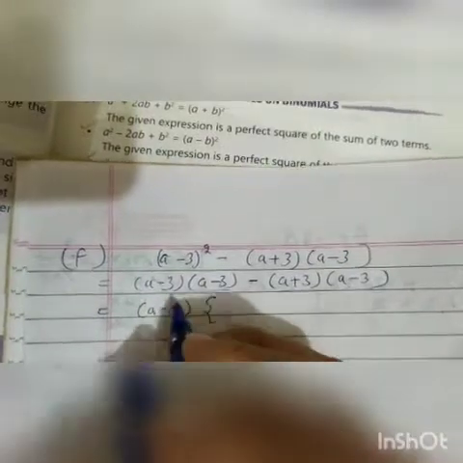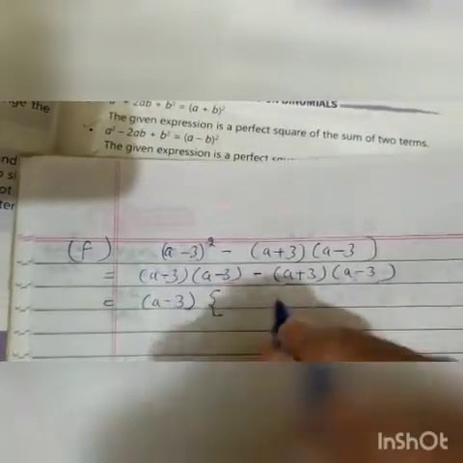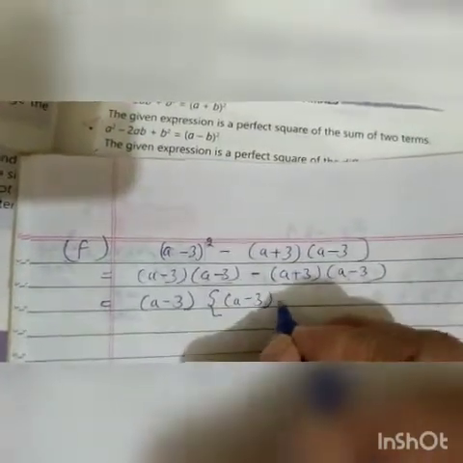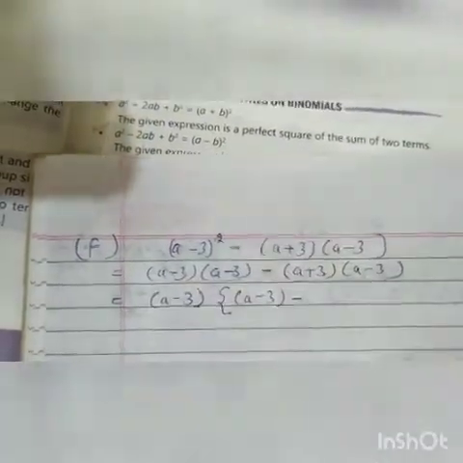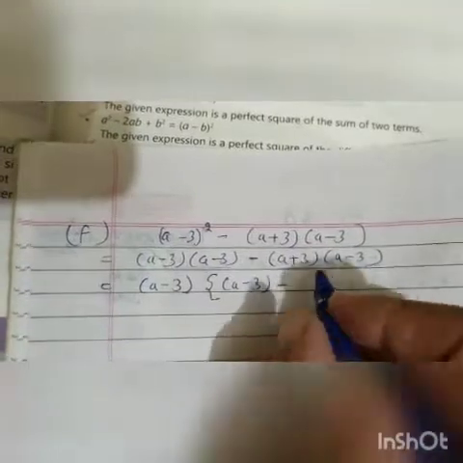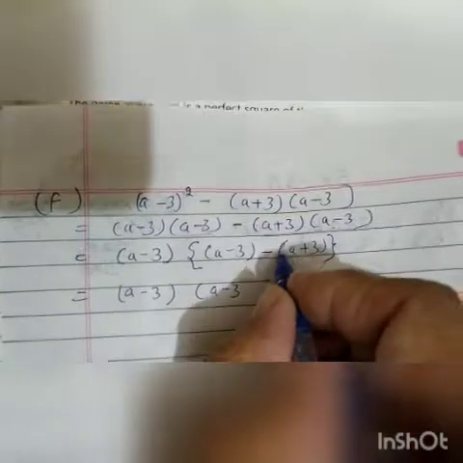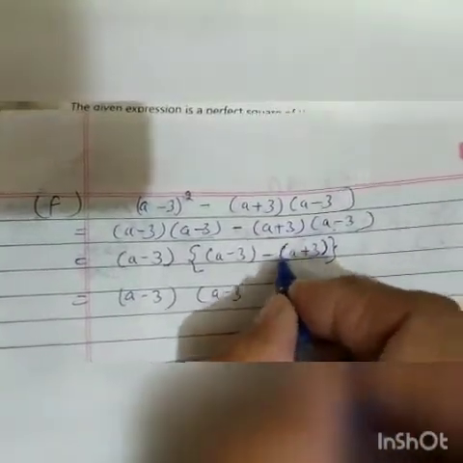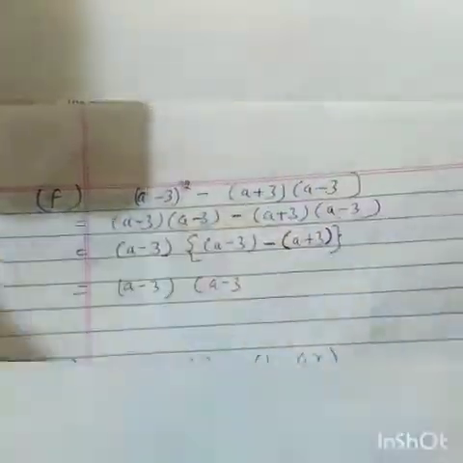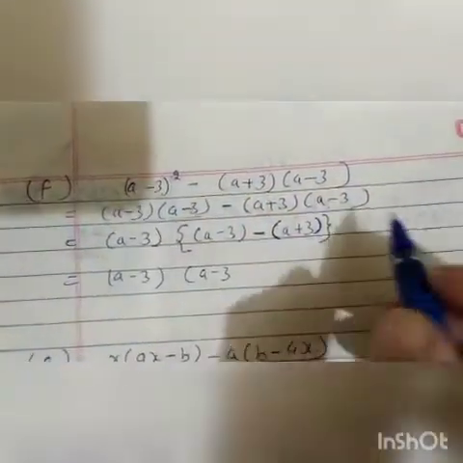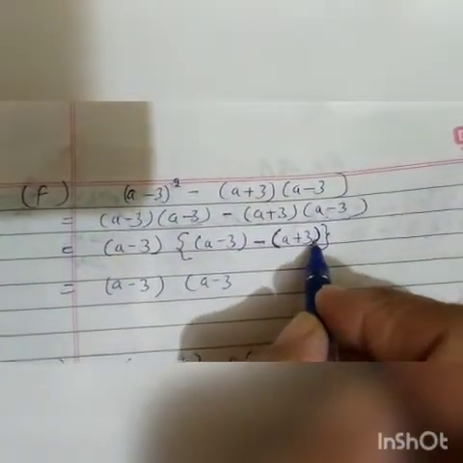Now what is left from the first term? It is a minus 3. A minus 3 from here, then this minus sign, and what is left from the second term? It is a plus 3. A plus 3. Now this minus sign is outside of this bracket, so it will be considered outside of this bracket.